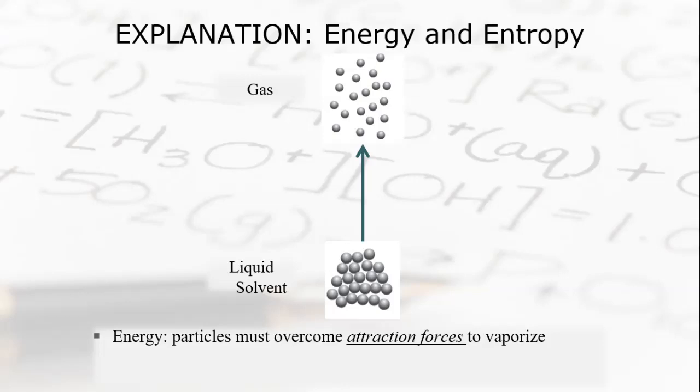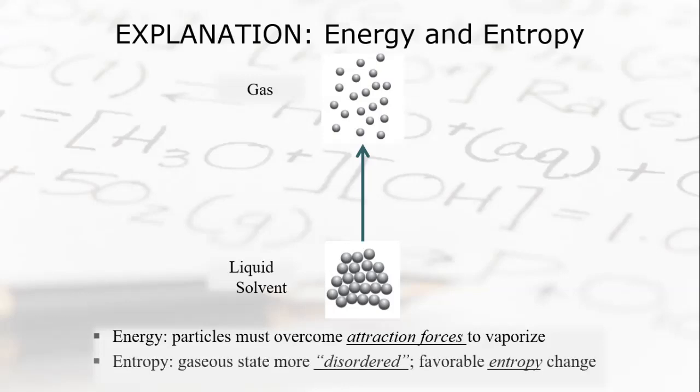Now, what about entropy? Well, I don't know if you noticed this, but in the gas state, and remembering the kinetic molecular theory we propose for the gas state, you can see where the molecules, the particles in the gas state, are more disordered. They're more random. They're distributed all over the place. In other words, if we were to look at the entropy change in here, we would say this is a process that increases entropy.